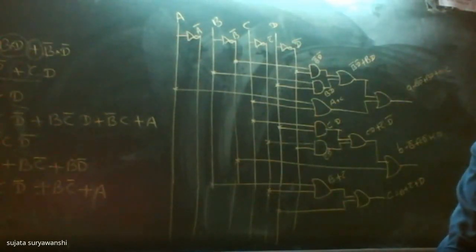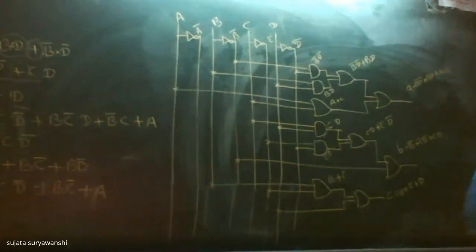Equation for D is equal to B complement into D complement plus C into D complement plus B into C complement into D plus B complement into C plus A. This is your equation of D segment.